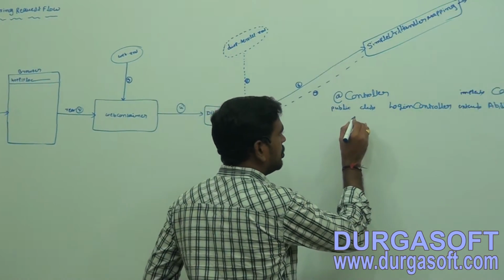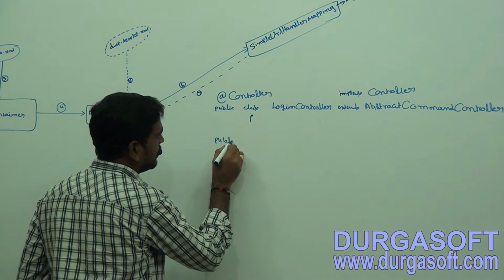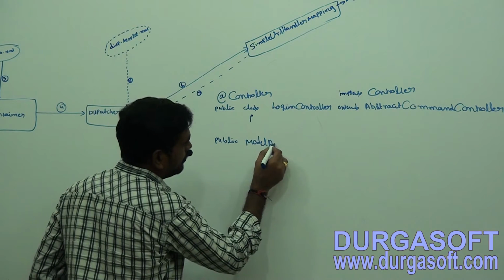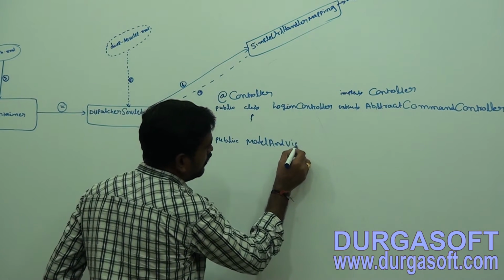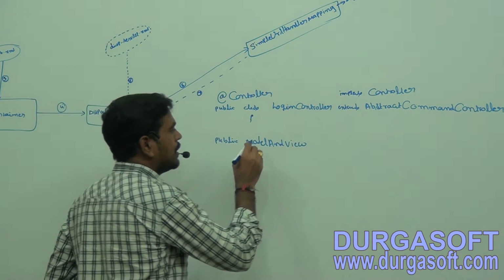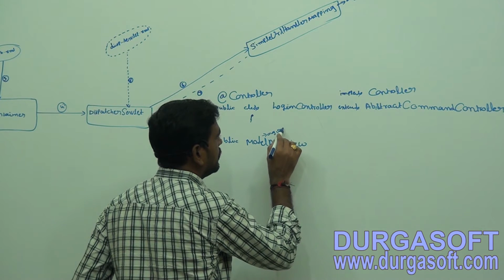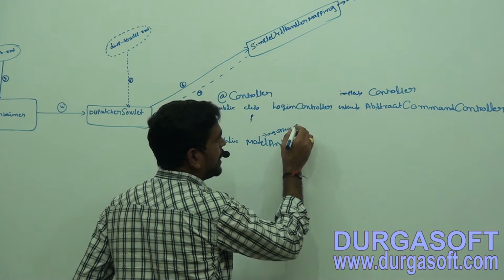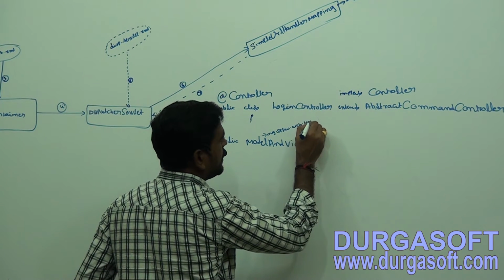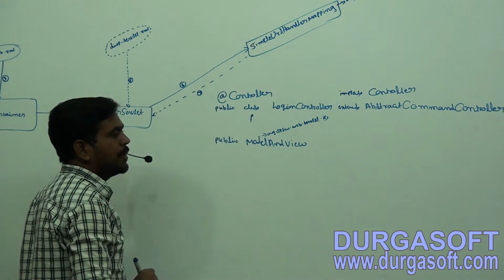Now after that, here public ModelAndView. ModelAndView is a predefined class available in the org.springframework.web.servlet.* package.